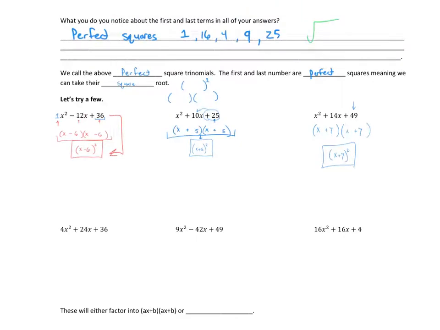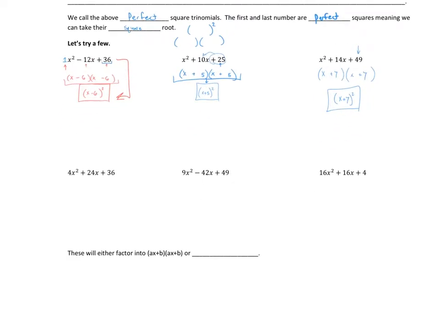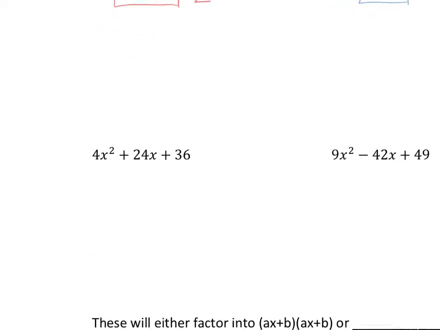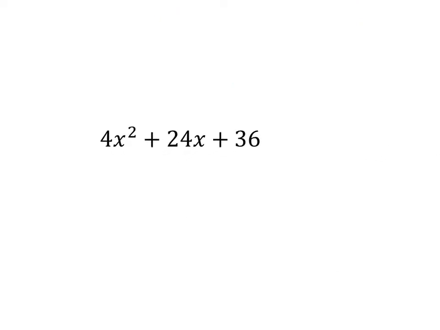Now here's where this can really help you out. These are the more difficult type, right? And we can see that here because the number out front is not a 1. Now, you might recognize that both of these are perfect squares.